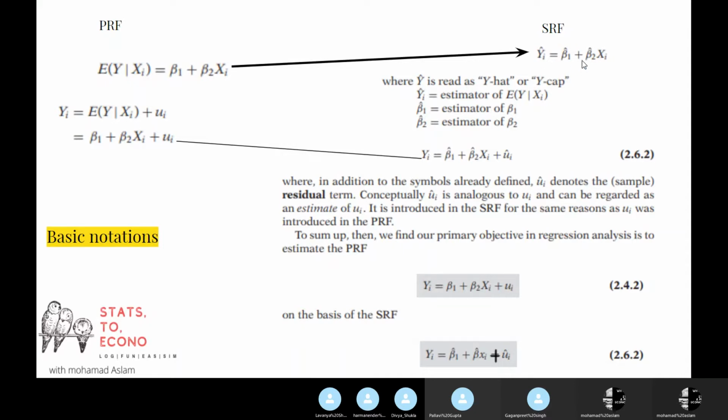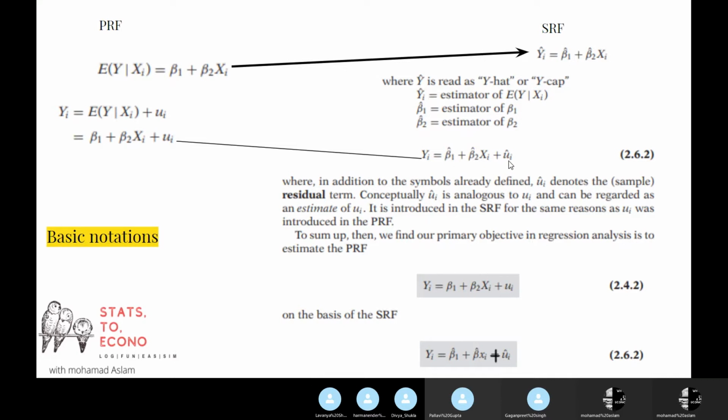When you estimate the regression, you don't have the actual residual terms, right? Data of y. So this particular part, beta 1 hat plus beta 2 hat xi, this is our y hat. This is our estimated sample statistics value.